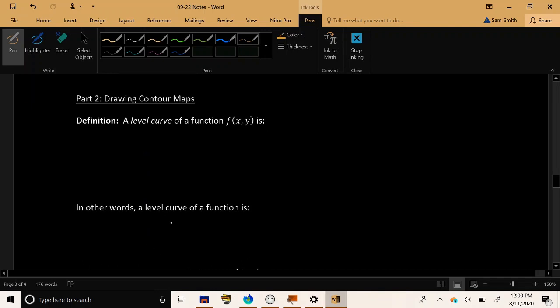Now, there's another technique that can be used to get an idea of what a function's graph looks like, which I would say is even more useful than the technological graph under certain circumstances. From time to time, you will run into a function of two variables which is extremely complicated, and the graph becomes so messy that it's hard to even digest the graph made by technology.